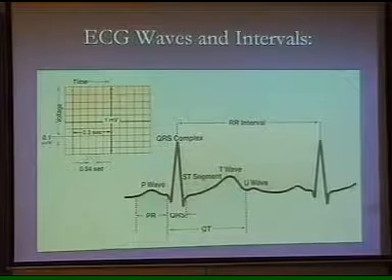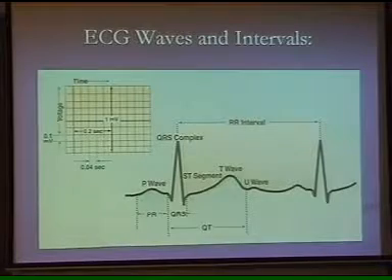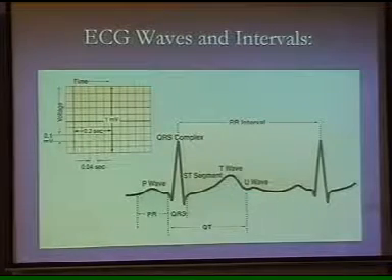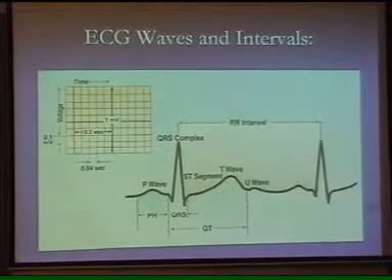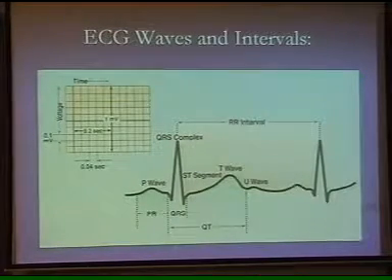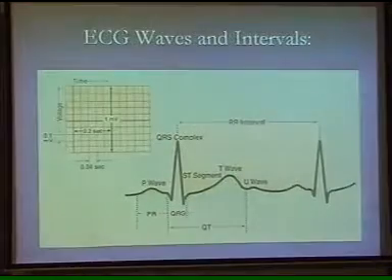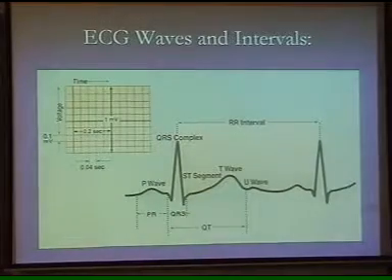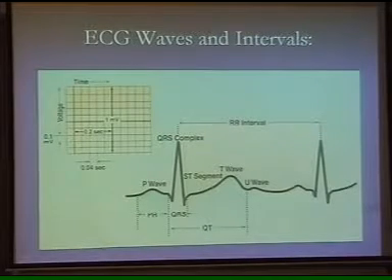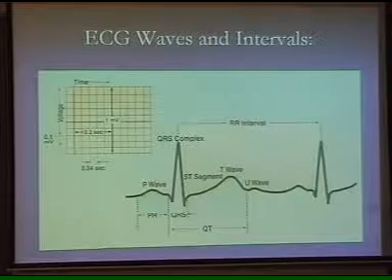So when we know that we are going through basically 25 small squares per second, you can count the number of beats in that time. For example, if you count the number of QRS complexes in 1 second, you can calculate the heart rate: the number of complexes in 1 second times 60 gives you the heart rate.